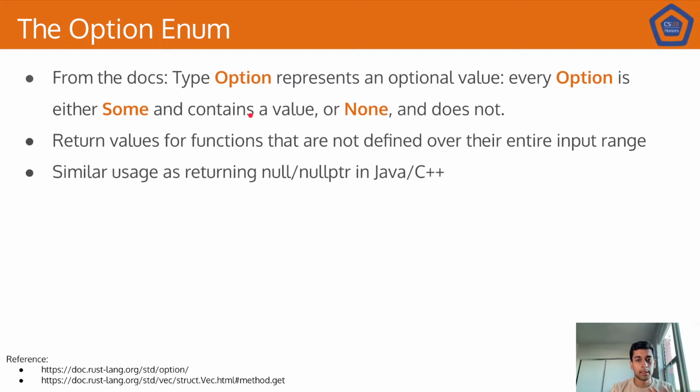This is somewhat similar to returning a null or a null pointer in Java or C++, None in Python. But the difference is that you have an enum. You're not having some distinct type to represent your None option. You have an enum that contains a distinct type.